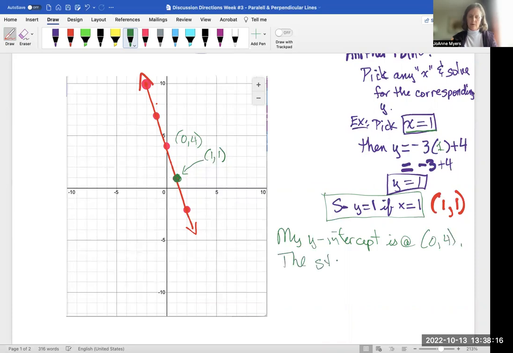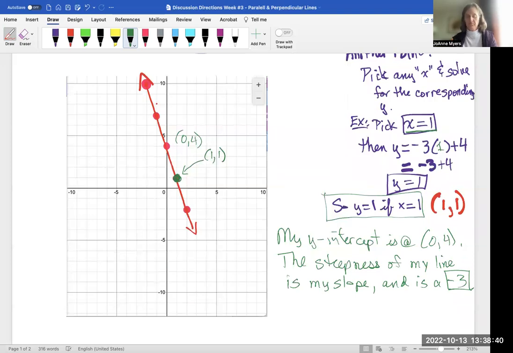The steepness of my line is my slope. It's a -3.